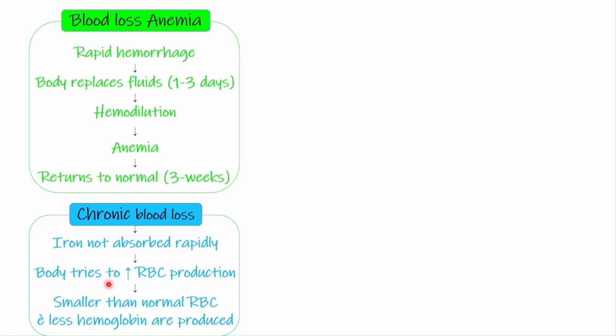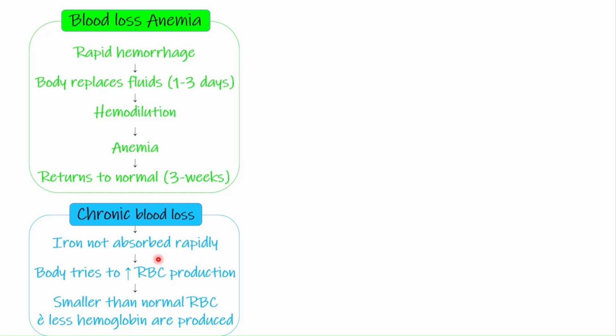So the body tries to increase RBC production, but the speed of the loss of blood is greater than the speed of the absorption of iron. So the body will keep on trying to increase RBC production, and will start producing smaller RBCs than normal, with less hemoglobin in them. Okay, so in chronic blood loss, the body cannot compensate by the production of RBCs.